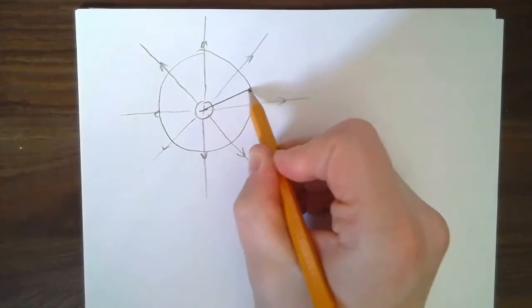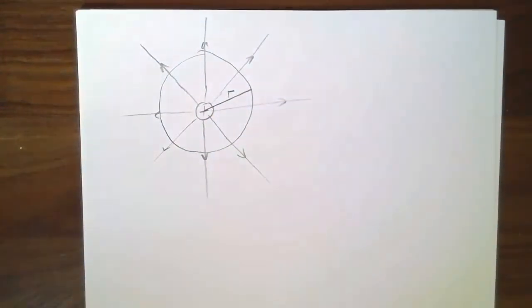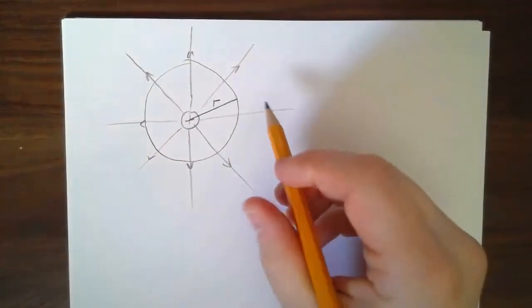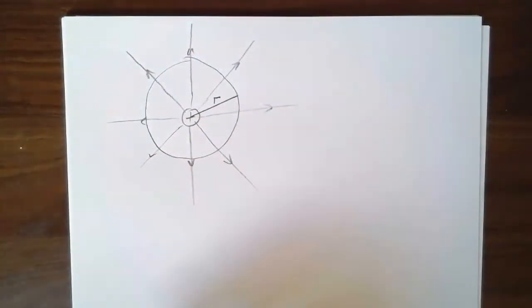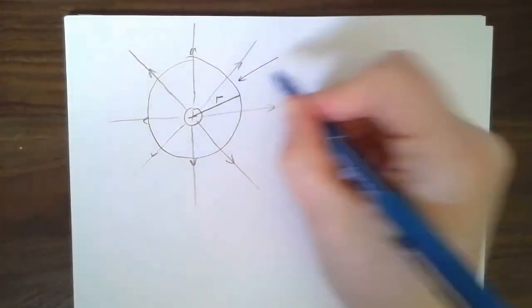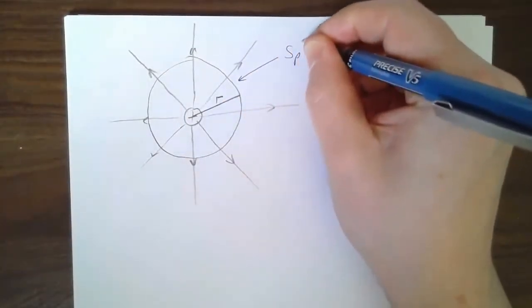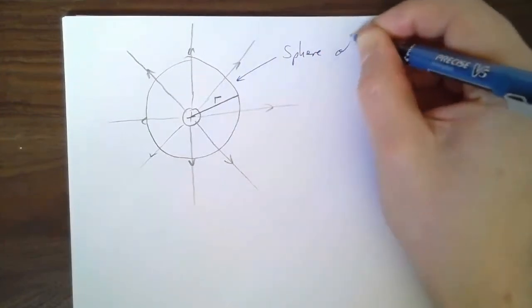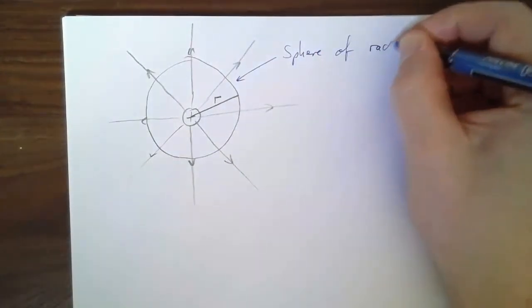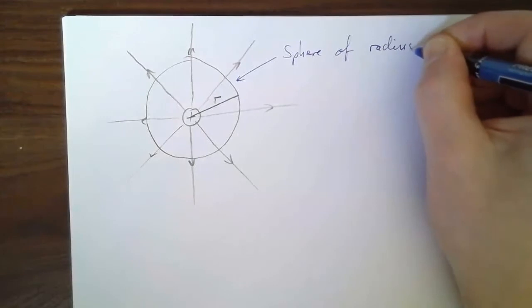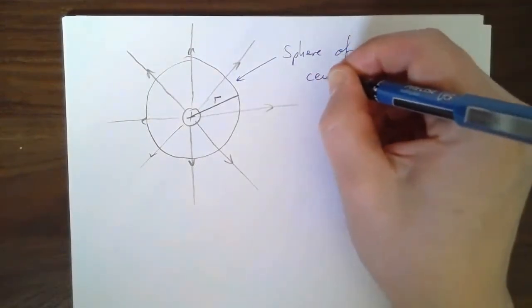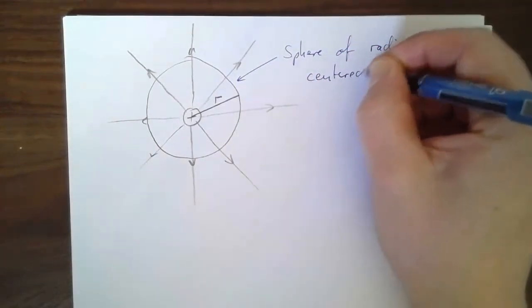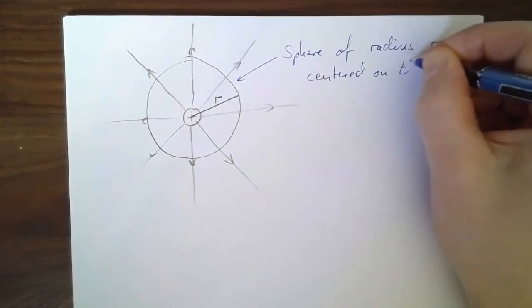And the radius of this ball is r. So this thing here is a closed sphere of radius r centered on the charge.